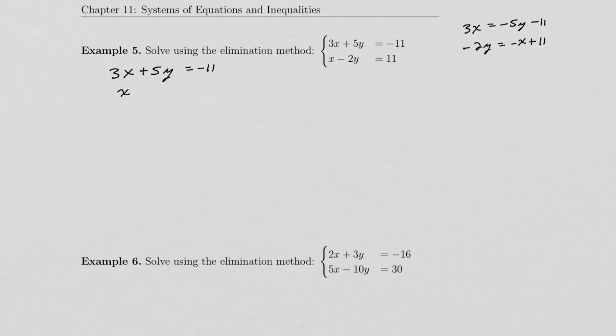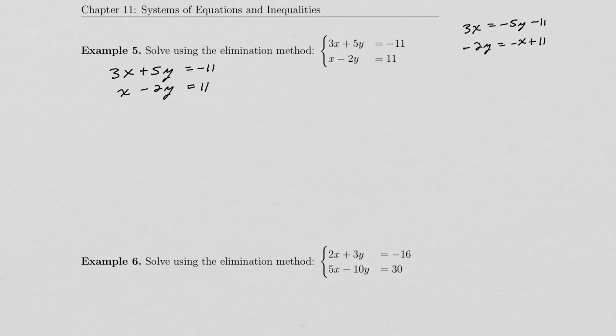The question is, what variable do I want to eliminate? Okay, if I wanted to eliminate the y's, right? Since I have a 5 and a negative 2 here, you basically want the lowest common multiple of this, and one of them positive, one of them negative.